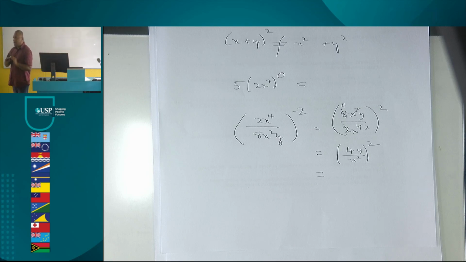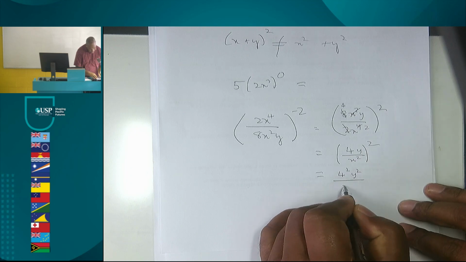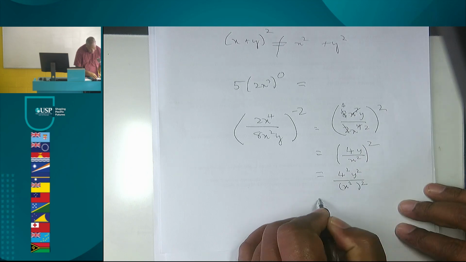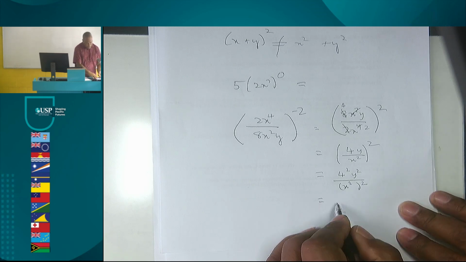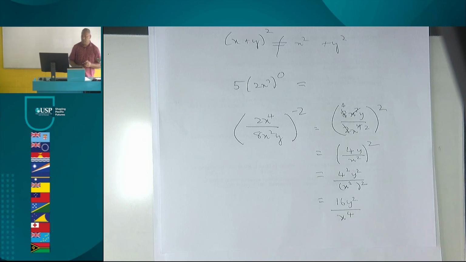Then I can raise everything to the power 2, meaning 4 squared, y squared, over x squared squared. So this gives me y squared over, multiply the powers, x to the power 4.